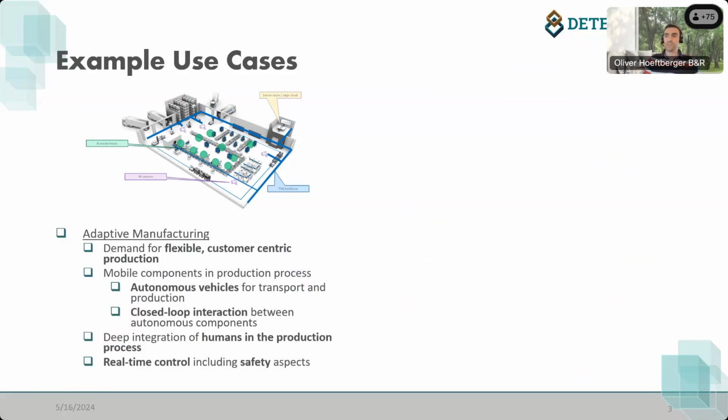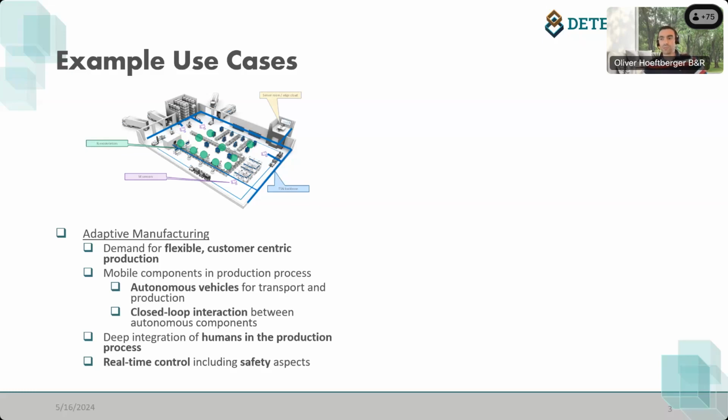The use cases, I'm putting here only a couple of them. We do have 4 different use case domains analyzed with many different use case scenarios. One of them is adaptive manufacturing, which is very demanding in the way that we are looking into a very flexible future, very customer-centric production, which means that we also need a lot of flexibility in the production, and this means that also flexibility in the communication is needed.